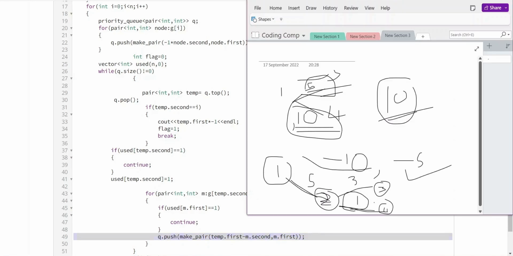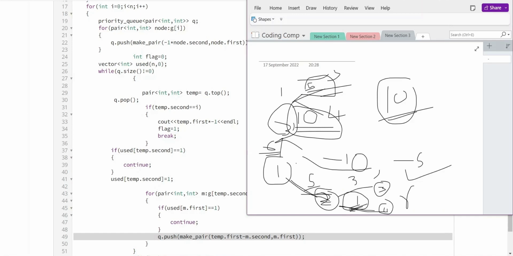If 4 has a value of 5 and the weight is 1, the weight associated with traveling from 1 to 4 would be 6, right? So what if we have another node which also has 6? In that scenario it would get a higher priority since this was added before 4.